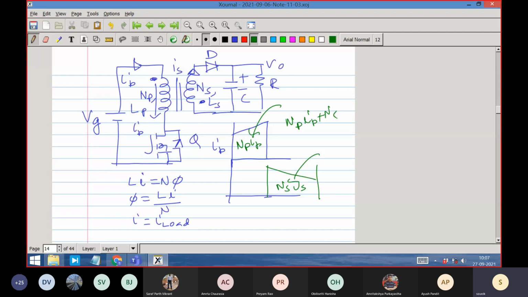But IP and IS are never together, value-wise, at any time in the period. Either this is there or that is there. That's why it is an inductor. Its flux level is like an inductor, like a buck-boost inductor.